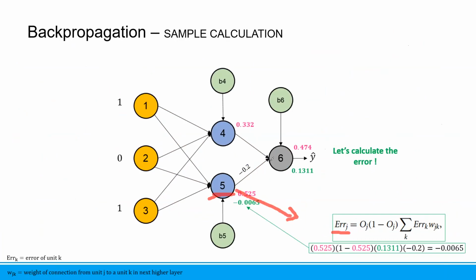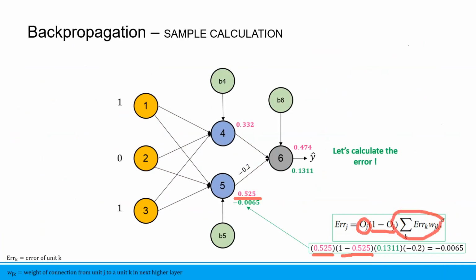For this example, we have only one, but if we have two, then we need to sum over all the arrows. Now we have only one, so we take the output of that node, 0.525, multiplied by 1 minus 0.525.